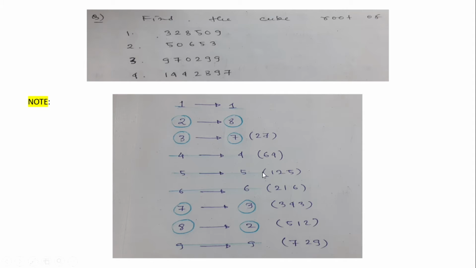And again in the similar manner we are writing the last digit after calculating the cube. We have to remember this, because this result will help us to find the answer to this question.